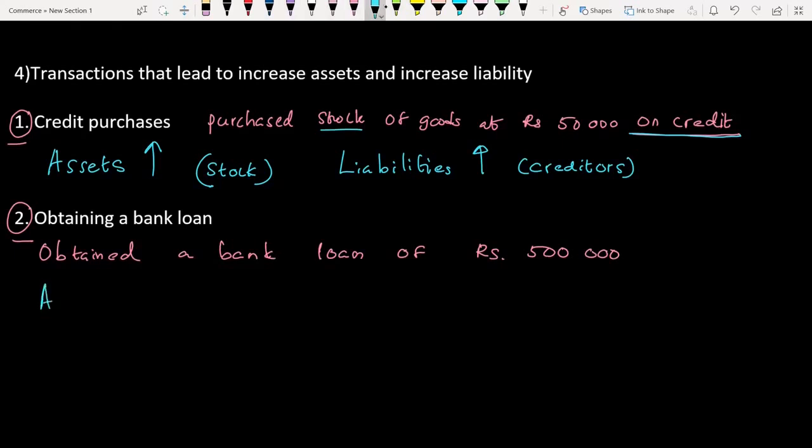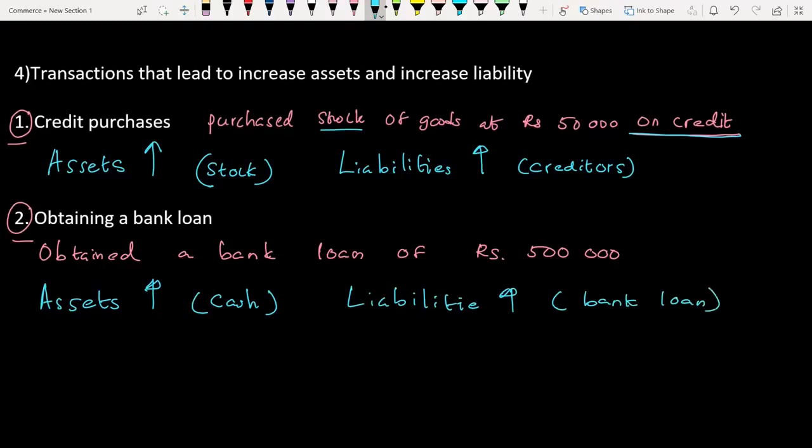The assets of the business increase because the business receives cash from the bank loan. On the other hand, the liabilities of the business also increase because of this bank loan. The liability called bank loan.